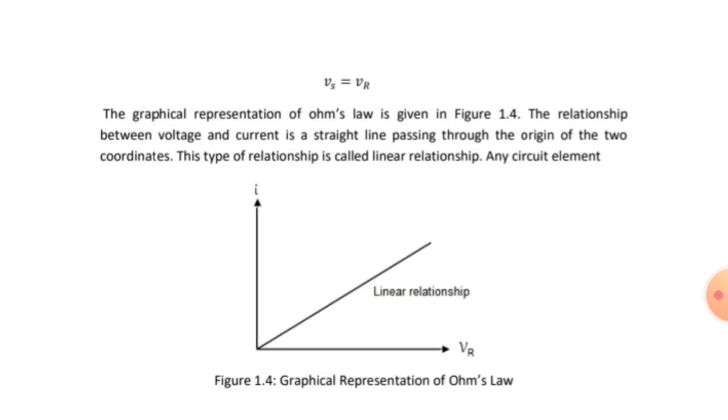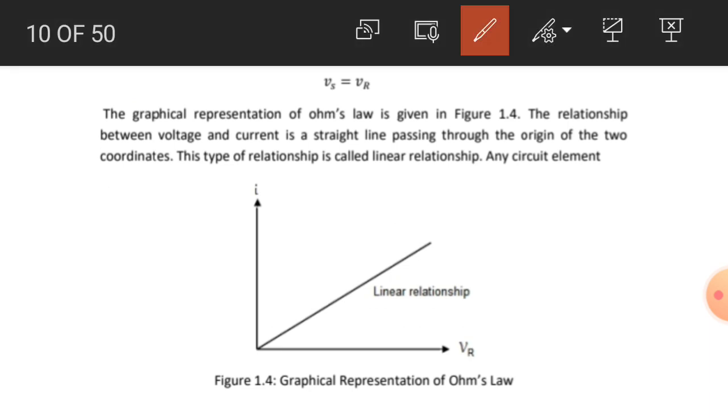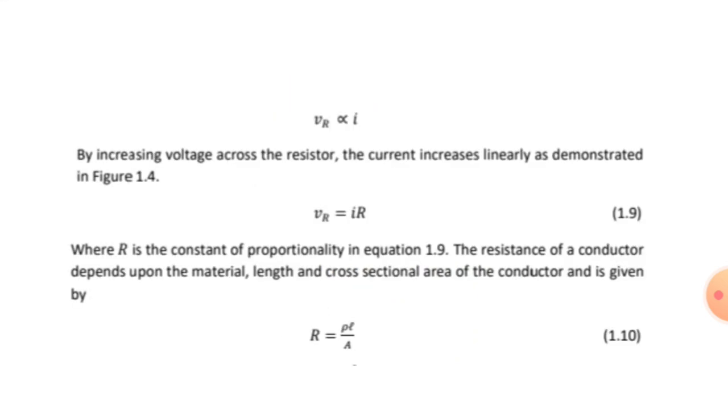And KVL states that the sum of the voltage rises in this loop will be equal to the sum of the voltage drops in this particular loop. This is the statement of KVL.